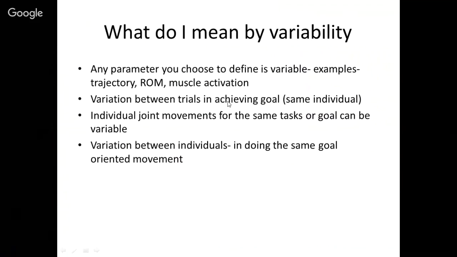They will be variable, but remember, they will always achieve the goal, right? And variability is also different whenever you're doing it in a different environment. That's the example I told you in the previous slide, where they were doing the sit to stand, but we changed only one parameter, that is the height of the stool.